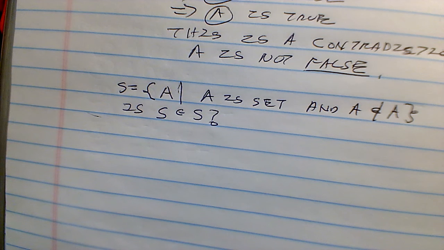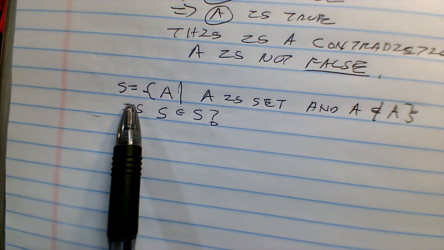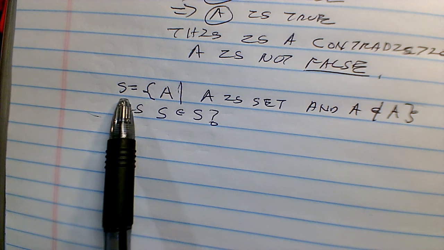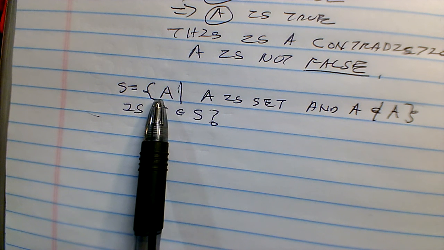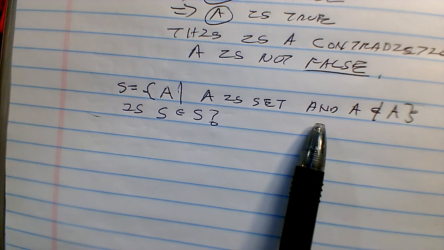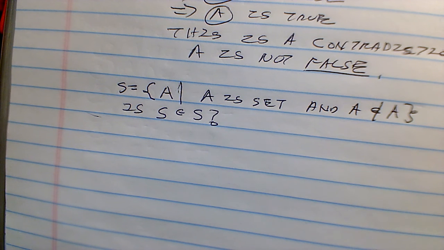But how about the set of all abstract ideas? Well, that is an abstract idea, so that is an element of itself. So that's kind of an unusual set. Here I have written a set that says this S is all of the sets A where A is a set and A is not an element of itself.